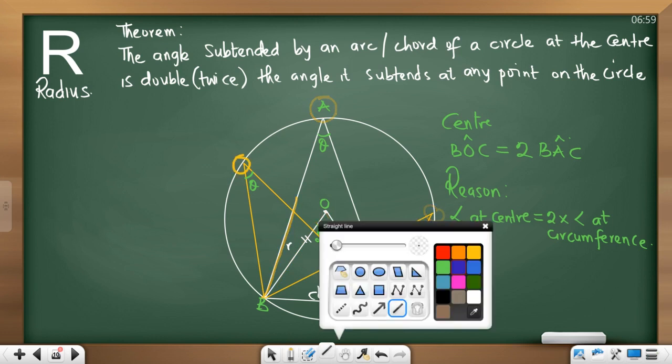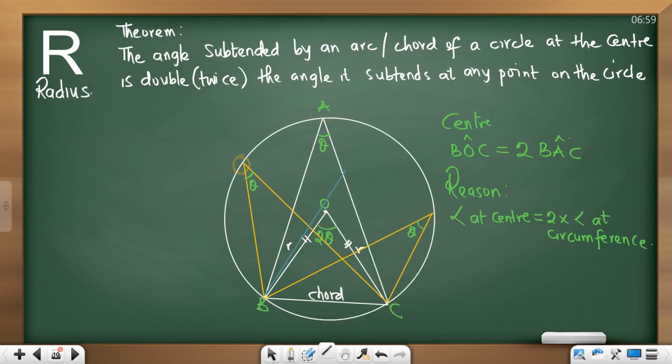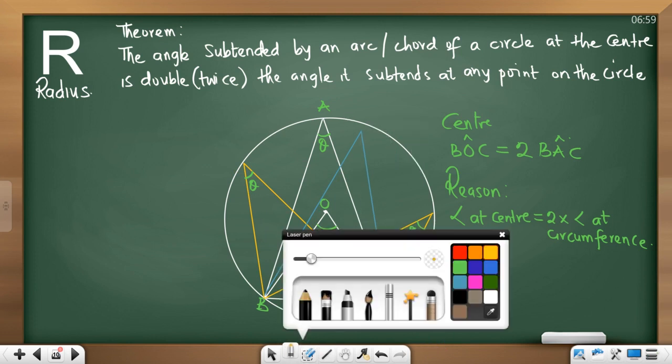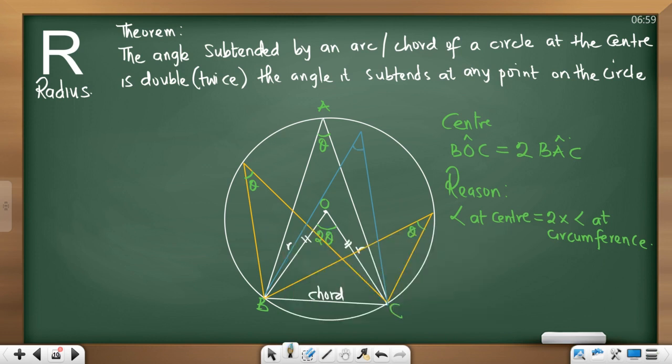If I give you this, let me try to draw something here. If I do this, okay, wait just 1 second. If I do this, please take note, this is not at the center, or this is not on the circumference. This, please take note, is not theta.